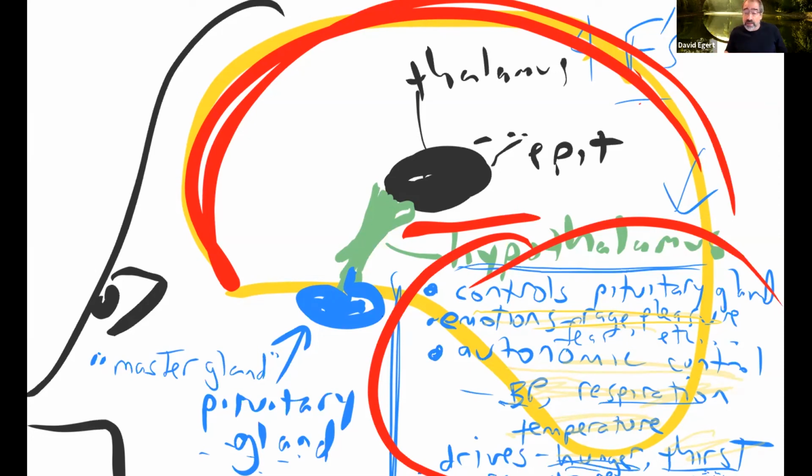You get nervous and your stomach starts feeling all weird. You get scared and you pee in your pants or something, right? There's a physical thing that happens based on something you might think is psychological.